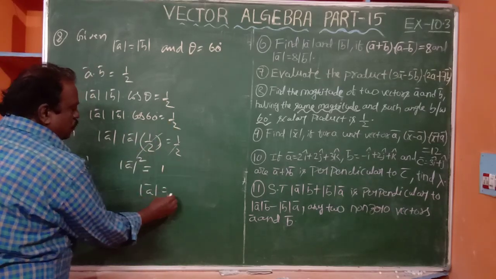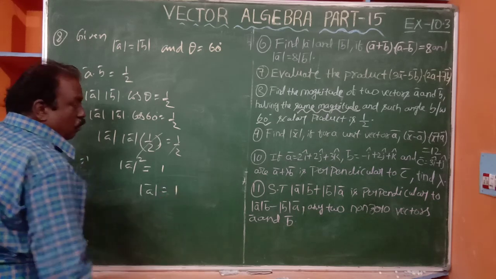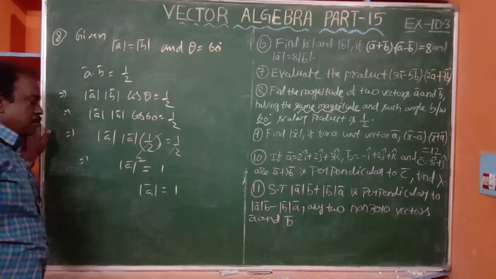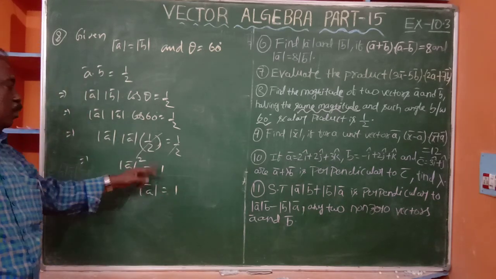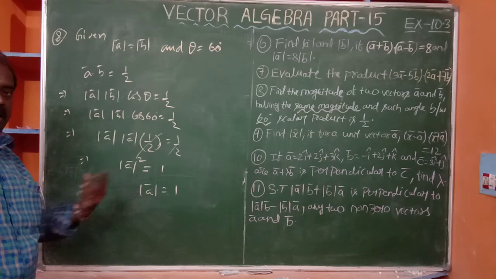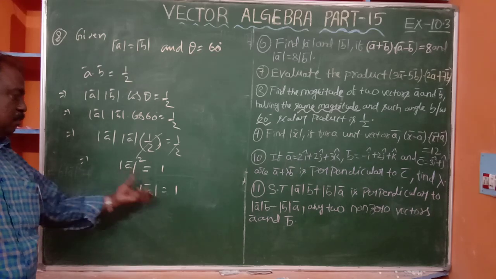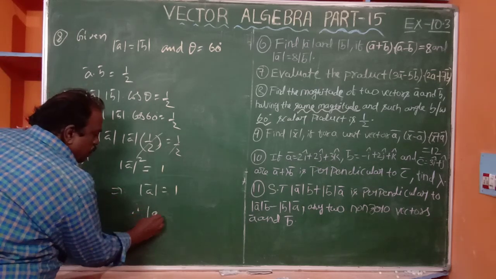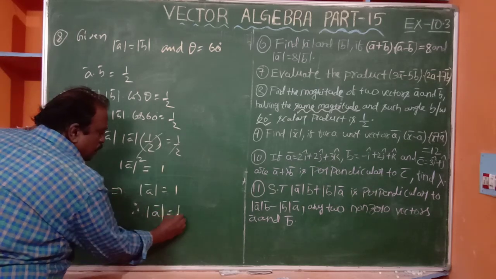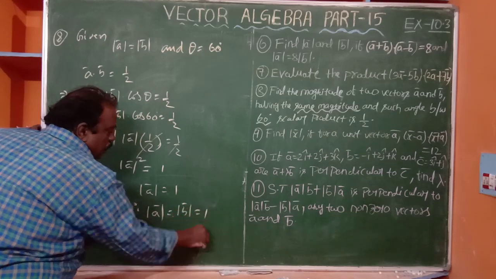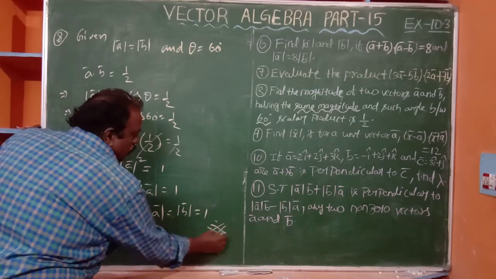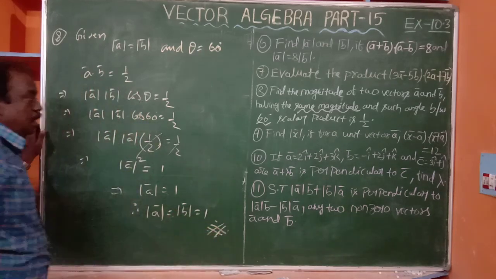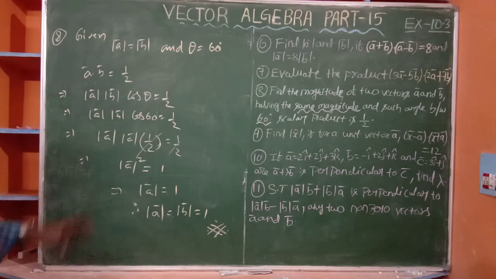So modulus of a bar is equal to 1 only. Okay, now why? Because don't put root 1 as plus or minus. It is magnitude, length, so it is always positive. Therefore, modulus of a bar is equal to 1. Like that, the 8th problem is over.